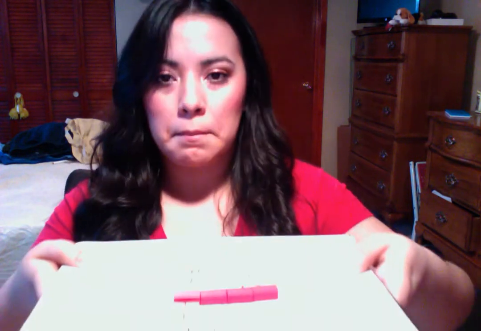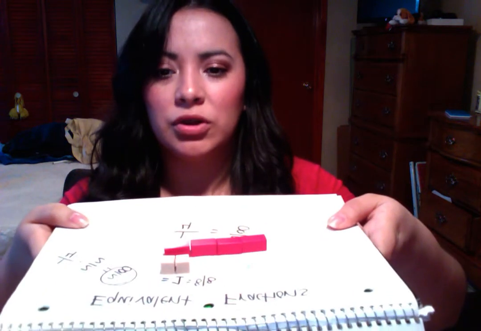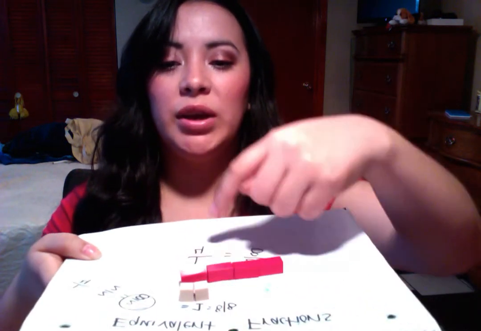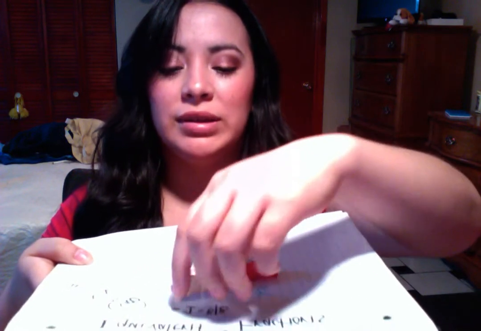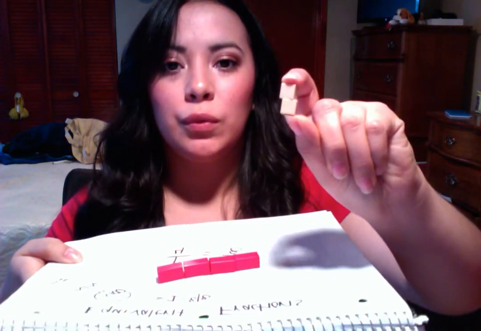So 4 red rods and 2 white ones, okay? They would be equivalent, not obviously together, but 2/8, because 2 make up 1 red, 2/8 would be equivalent to 1/4.